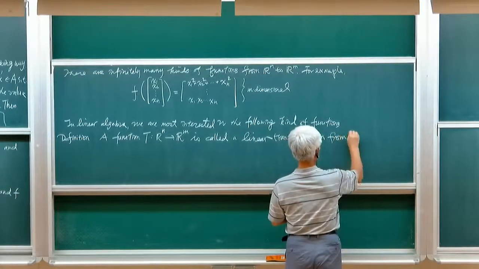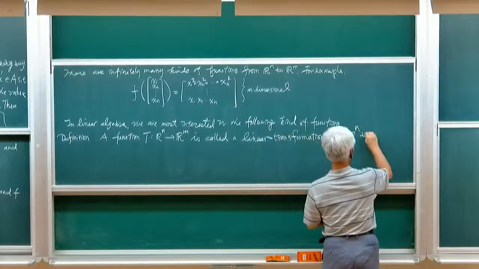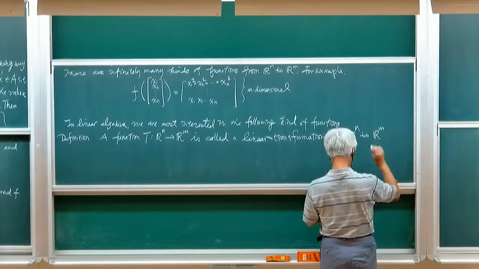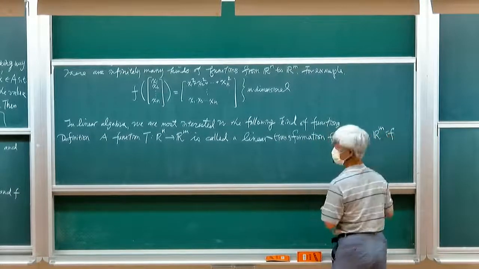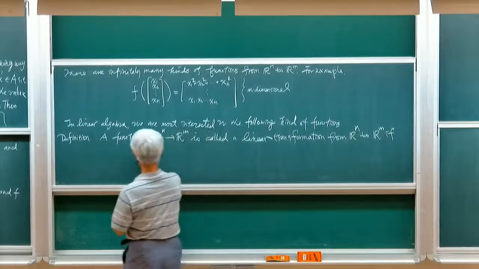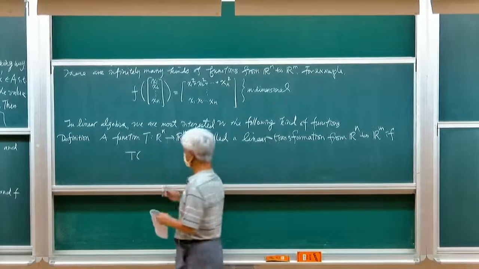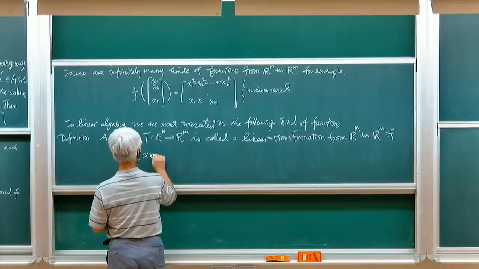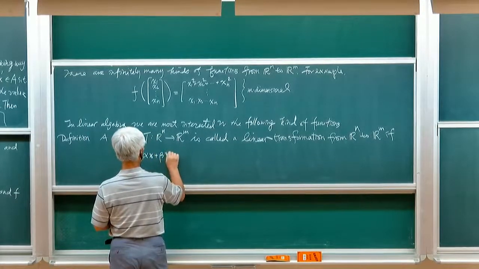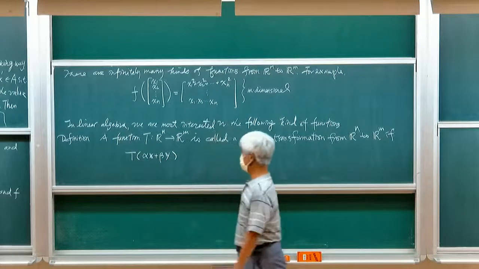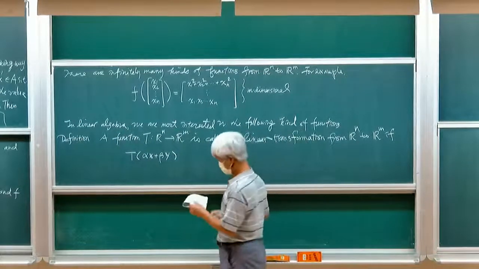from Rn to Rm if T maps a linear combination of two vectors x and y in Rn.